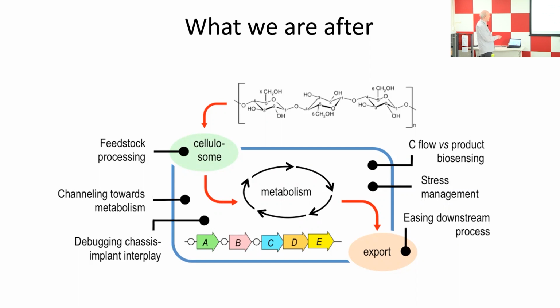You have the challenge of debugging the interplay between the chassis and the implant. Remember this terminology that we have discussed. You have the issue of sensing the flow of carbon. You have to manage the stress. You have to do something also to ease the downstream processing.